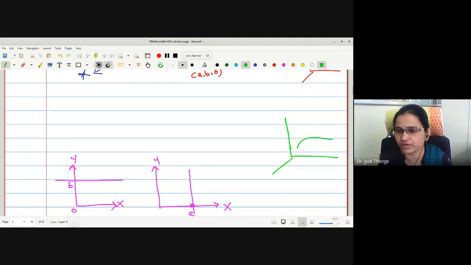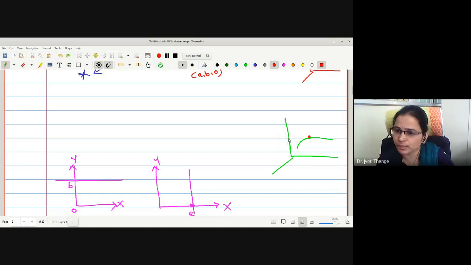This is the curve we have. At this point we are interested in drawing the tangent. Now, as this is a point in three-dimensional space, infinitely many tangents we can draw. What is the location of the tangents? Is it like this? The plane we have, no? Let me draw a plane first.